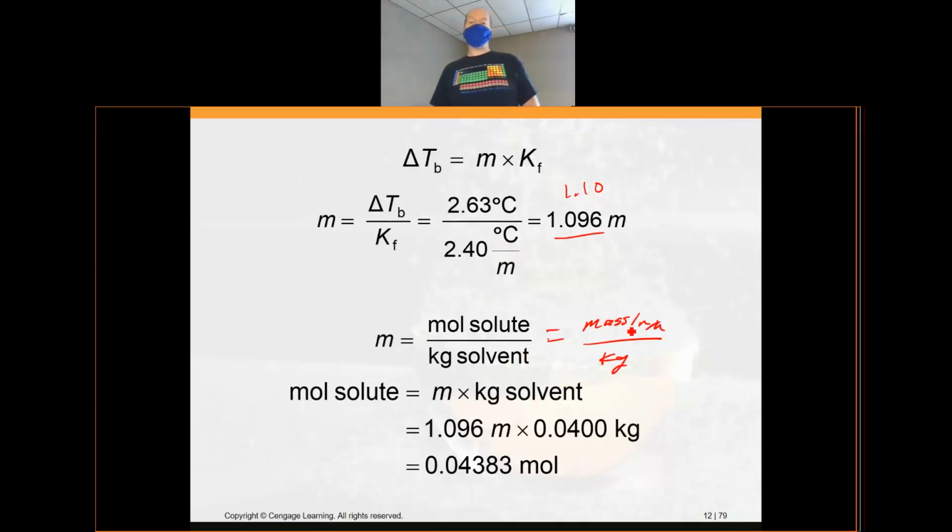All right, so they want to find the moles of the solute, so they do it a little bit different. I like to put it in the same equation every time. They want to find the moles of solute, so they take the molality times the kilograms of your solvent. So once you have calculated your molality, then they convert your grams into kilograms, and now you have your moles of solute.